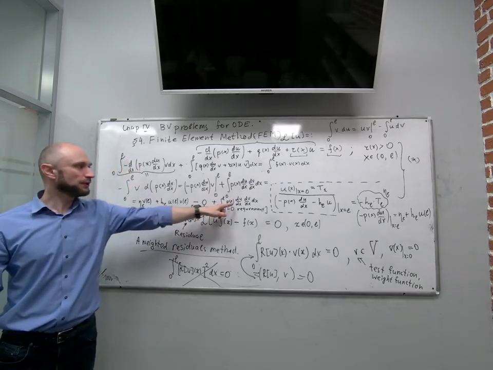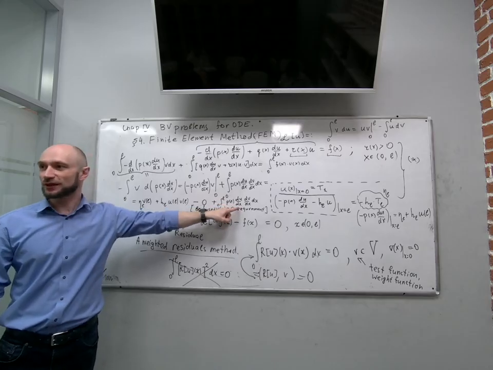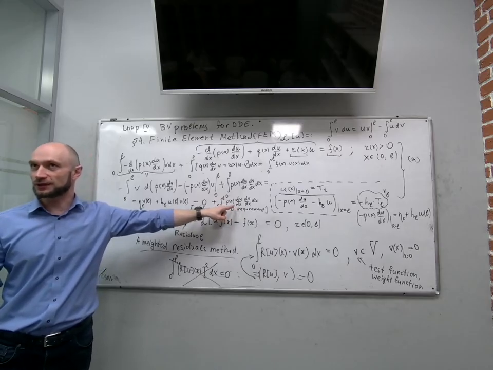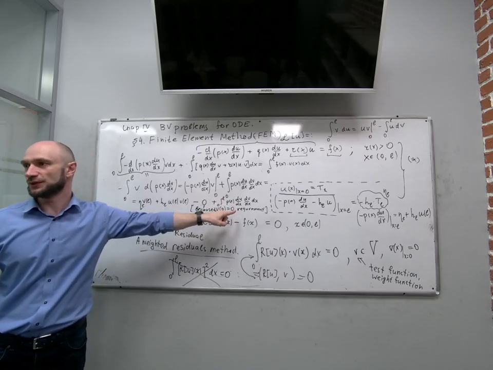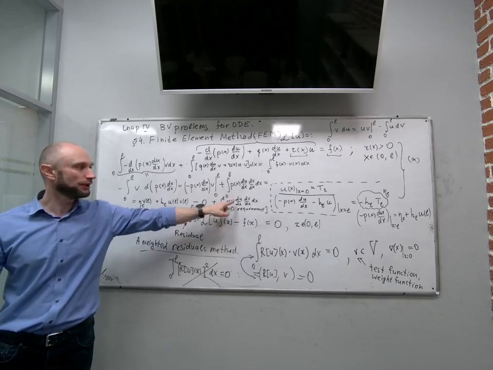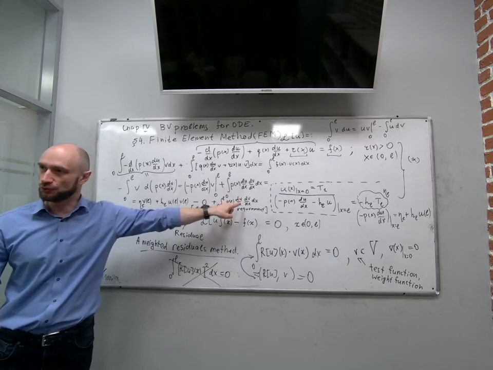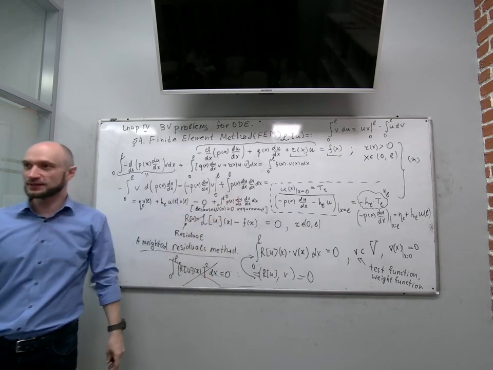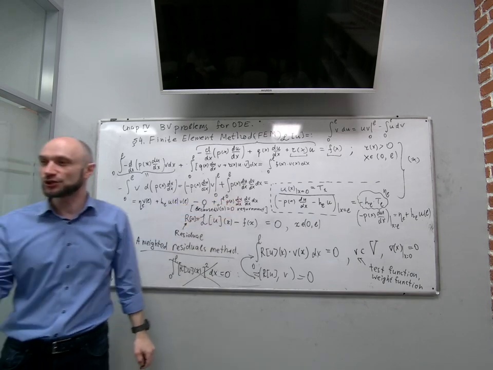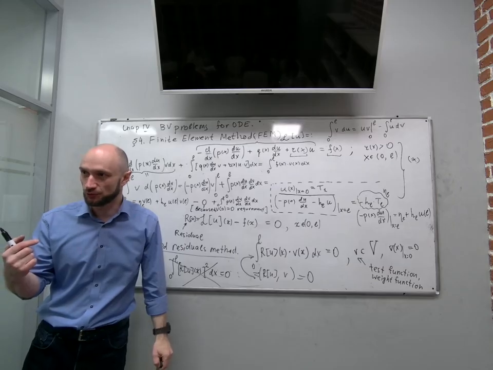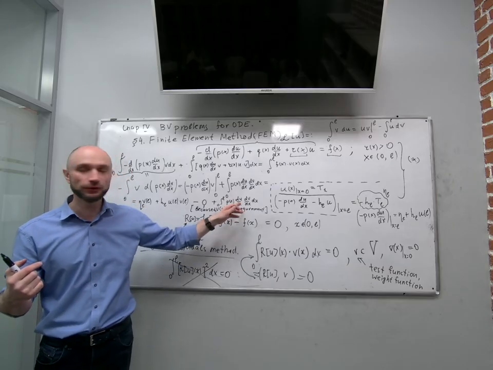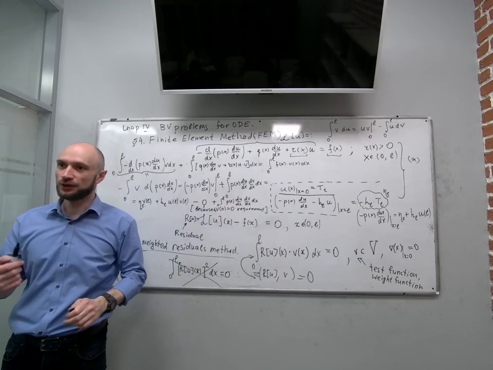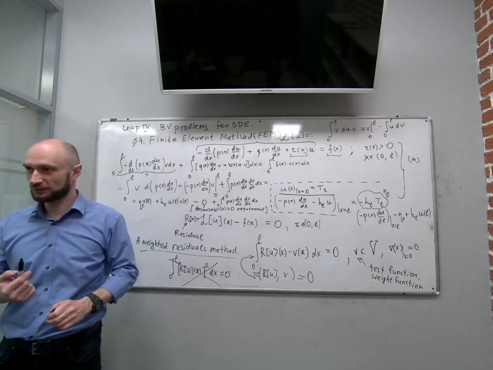And what we obtained, we reduced the requirements for the smoothness for both function p and our function u. Earlier, it must have been twice differentiable, the function u. And now, we only need that function u is once differentiable. Right?